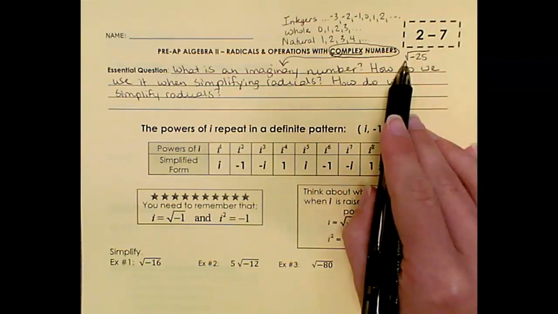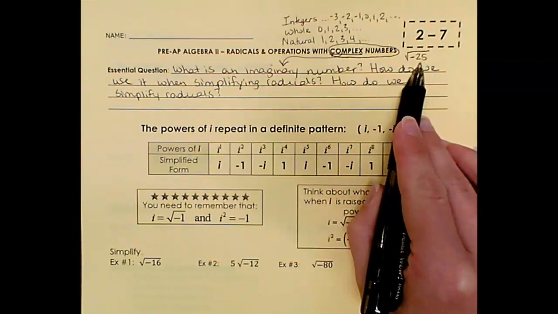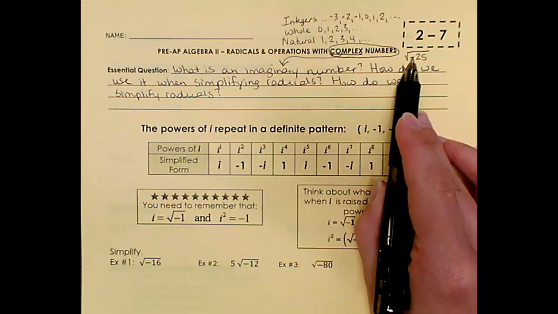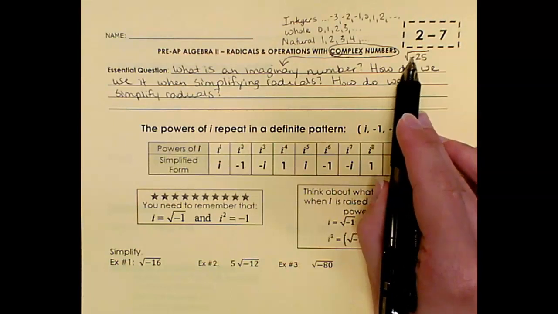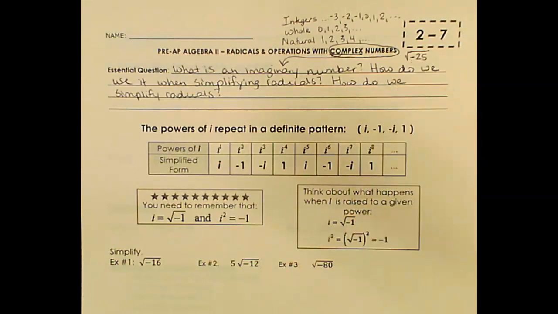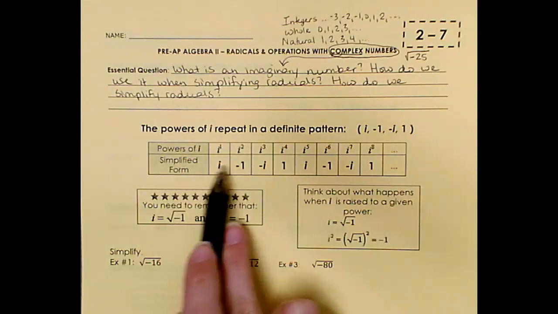For example, I know the square root of 25 is 5, but because I've got a negative in here, that means there's an i somewhere in my answer, because that i means there's a complex or an imaginary part to my answer. So 5 is one part because that's the square root of 25, but there is an i in there as well. So we'll get back to this in a moment.